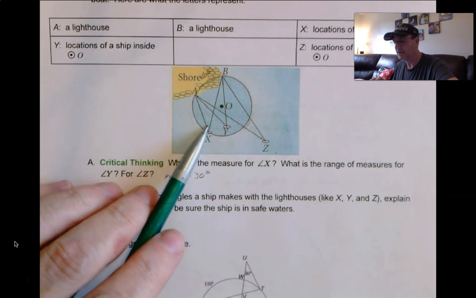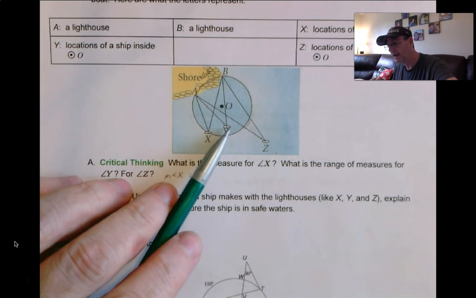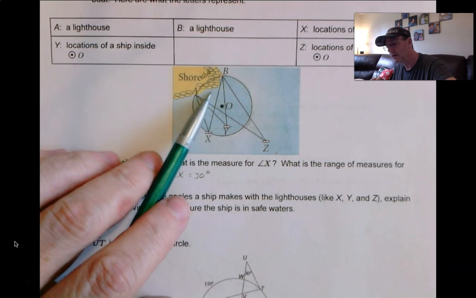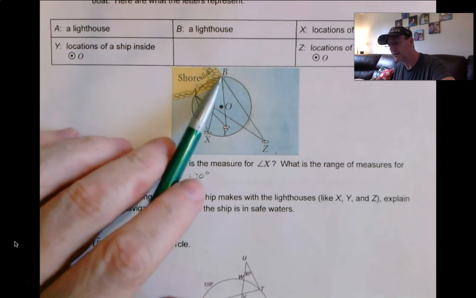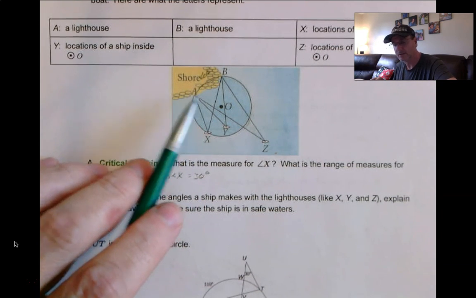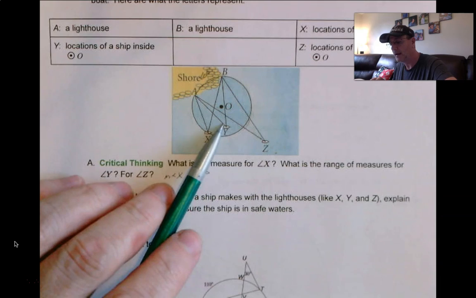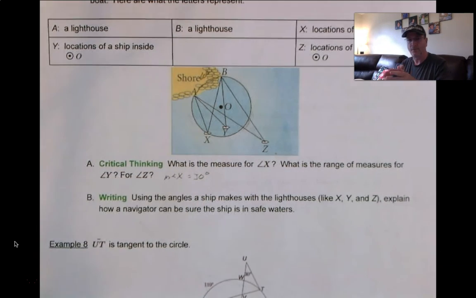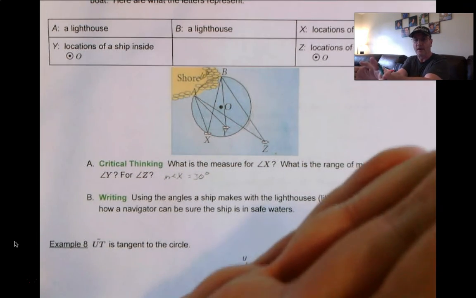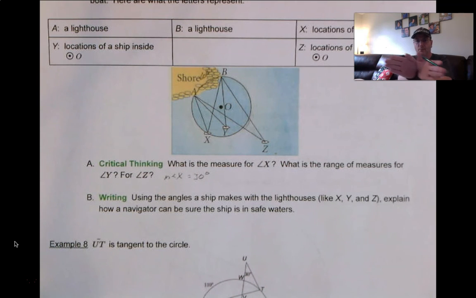So here's x at 30 degrees. Y is getting closer to AB. It's inside of the circle. And as we move forward, that angle y is going to be opening up. As we move forward closer and closer to arc AB, it's going to open up.